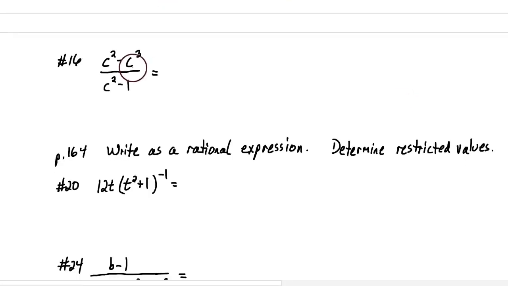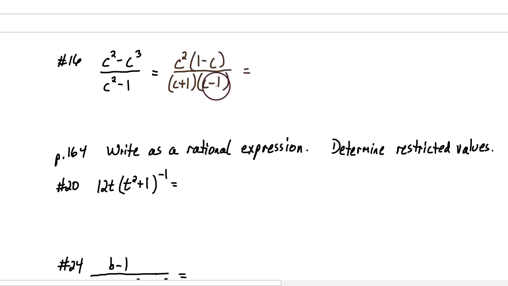Number 16, let's factor the numerator. There's a GCF of c squared, and that leaves 1 minus c. In the denominator, this is a difference of squares, and it factors as c plus 1 times c minus 1. Now, what did we just say in the last problem about 1 minus c and c minus 1?